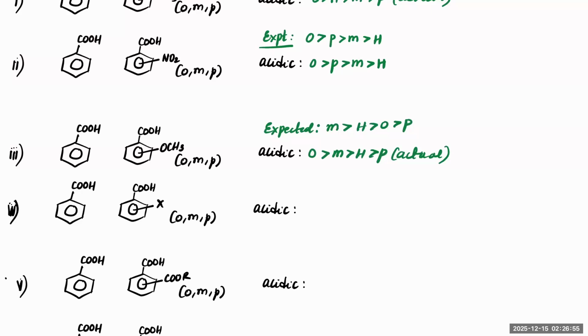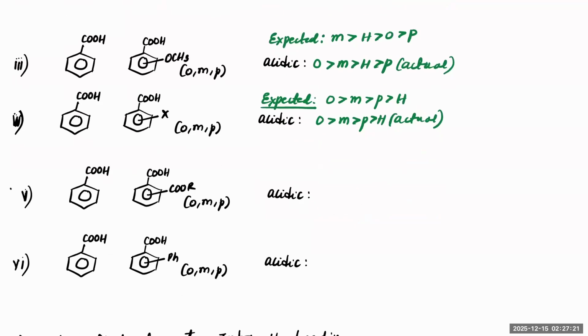Next one with halogens. Halogens expected and actual are same again, because when it comes to halogen, we should rely only on their inductive effect. So you know that inductive effect offers best at ortho position, meta, para, and then hydrogen. So this is the same order which has been followed.